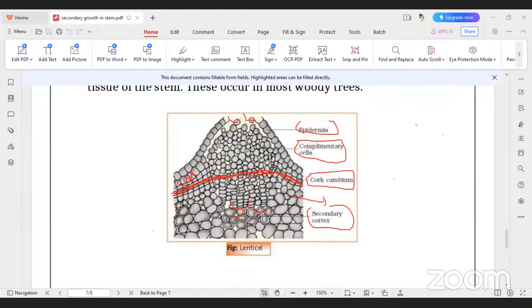In the leaf, exchange of gases occurs through stomata, and in the tender stem also there are stomata. But in secondary growth, after bark formation, there are complementary cells. So this is for exchange of gases to the internal parts. Is it clear? Yes, sir. Right.